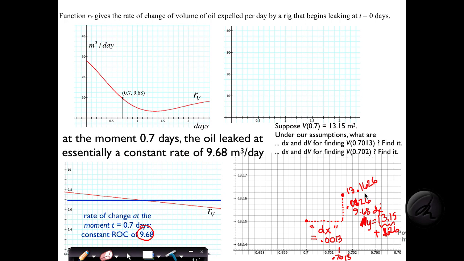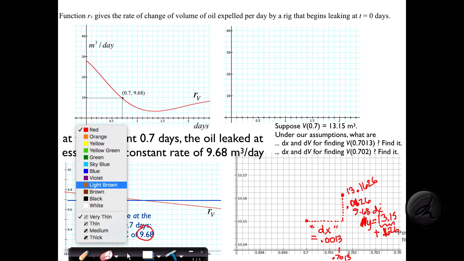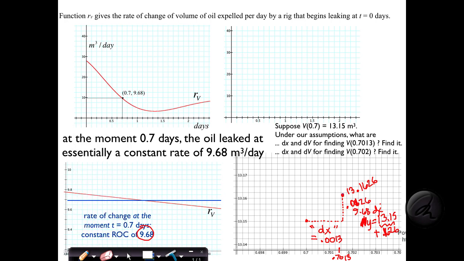You should get the same result if you're using the same constant rate, this 9.68 cubic meters per day, right? Because whether I start from time 0.7 and go forward 0.002 at that rate, or whether I stop in the middle and then restart again, as long as I'm using the same rate again, I should get the same final result. It's an additional, in this picture, let's see, 0.007 that way. Oops, I passed point.